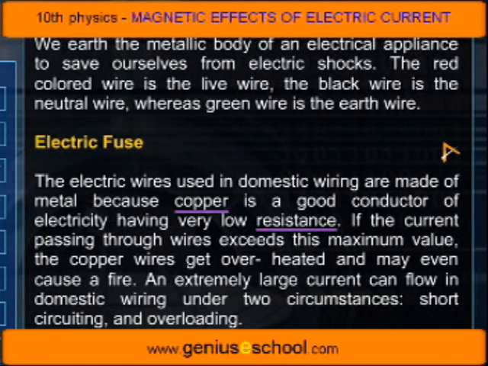The electric wires used in domestic wiring are made of metal because copper is a good conductor of electricity, having very low resistance. If the current passing through wires exceeds the maximum value, the copper wires get overheated and may even cause a fire. An extremely large current can flow in domestic wiring under two circumstances: short circuiting and overloading.